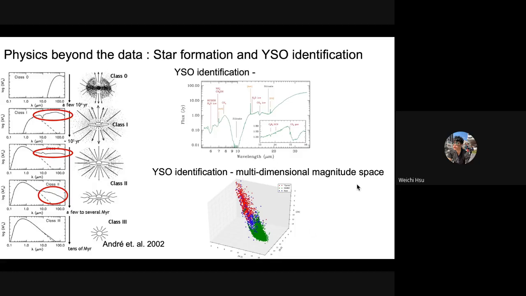In the multidimensional magnitude space, we take the spectroscopy result and plot it in the multidimensional magnitude space, and then find the boundary of the YSO in that space. And then we consider that the objects in that region are all YSO.